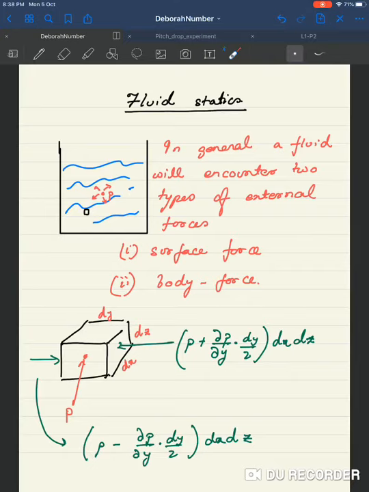Do remember that the pressure always acts in the same direction. So on this face, which is along the positive direction, you have a negative sign, and here you have a positive sign.